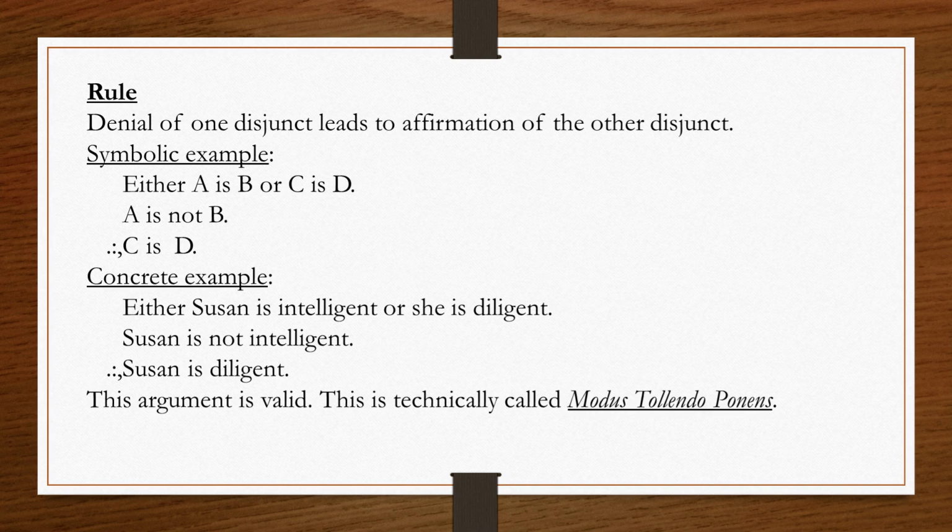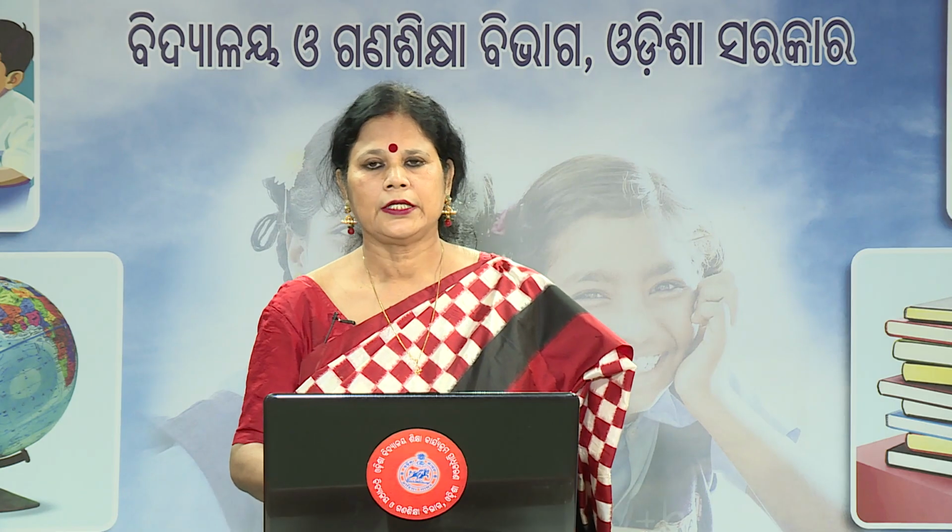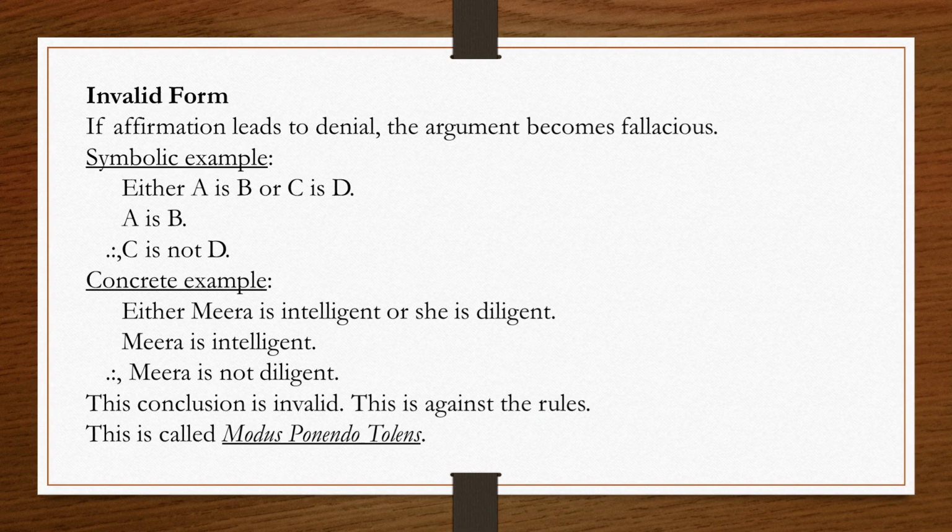Keep these technical names in mind, these come in the exam. Then the invalid form: if you reverse the rule, violate it, then you will commit a fallacious argument or invalid argument. If affirmation leads to denial, then it becomes fallacious, and here the technical name is modus ponendo tollens.